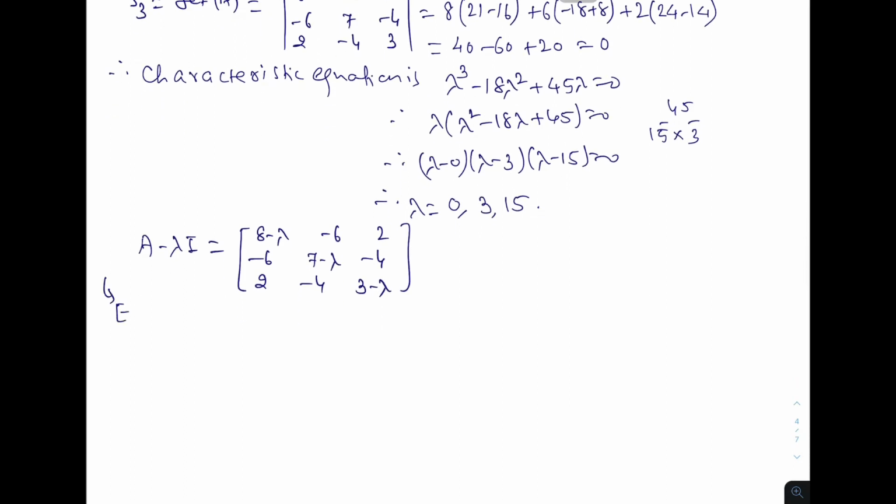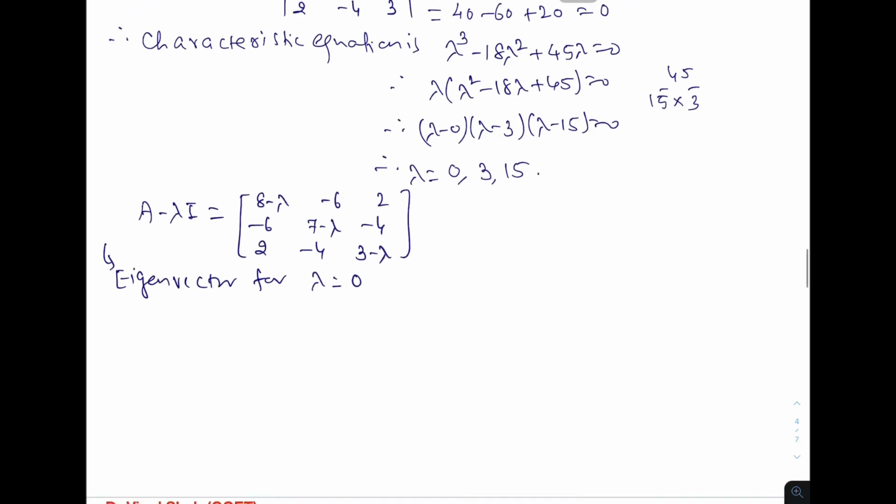Now the eigenvector for lambda equal to say 0. So we have A minus 0 I, x equal to 0.